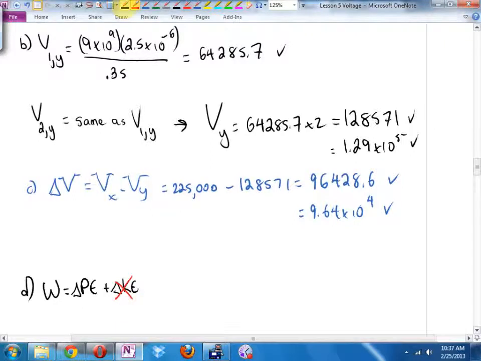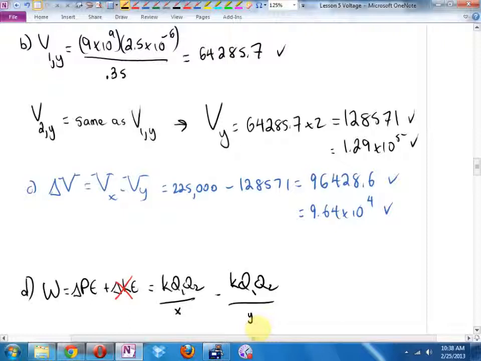So I could go, don't write this down, k Q1 Q2 over r final, which is location X, minus k Q1 Q2 over location Y. That would be acceptable, but it would be repeating work, no pun intended, that I don't need to do, because I can also define work a different way.